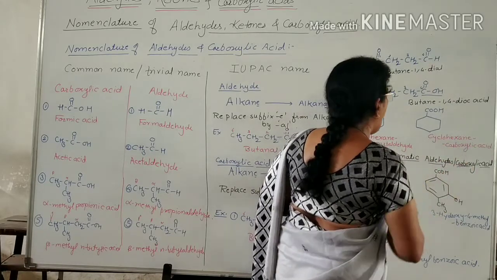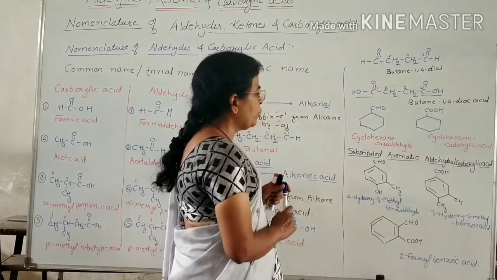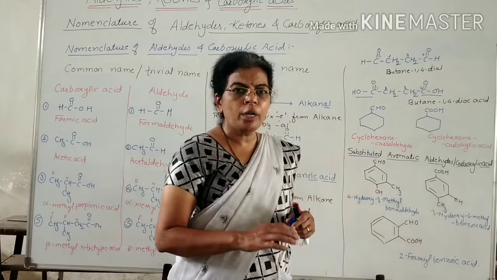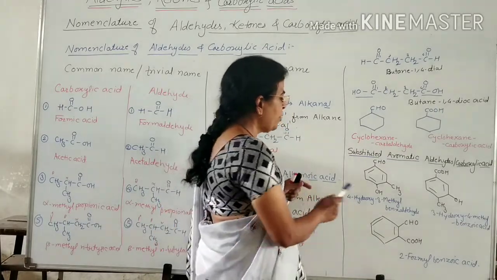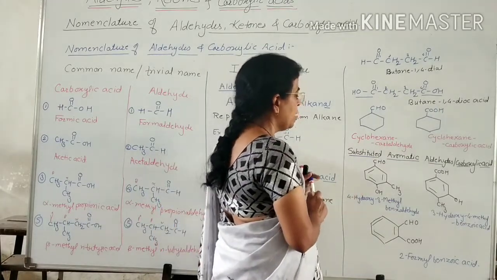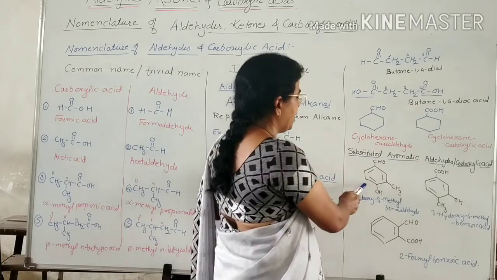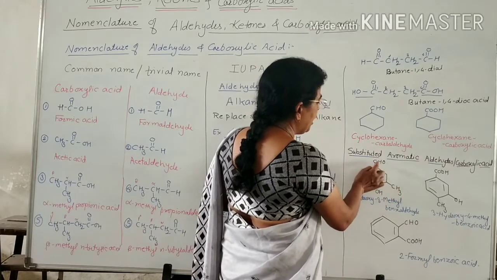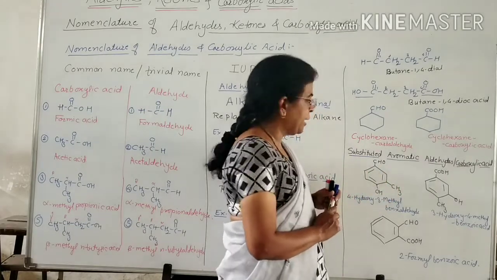Now we are going to give names to substituted aromatic aldehydes or carboxylic acids. In this case, substituted aldehyde. If we remove these 2 substituents, then it becomes benzaldehyde.